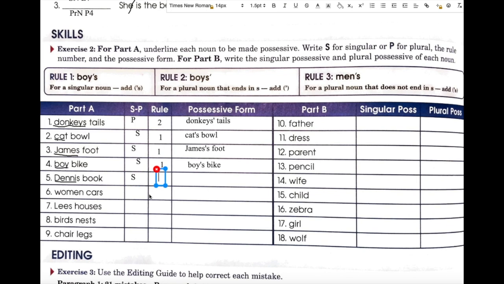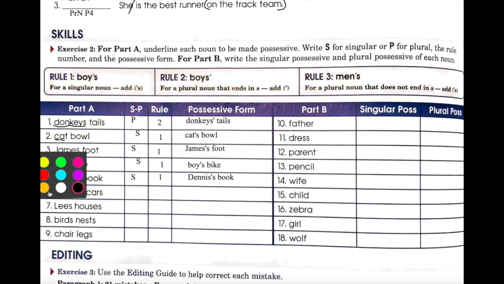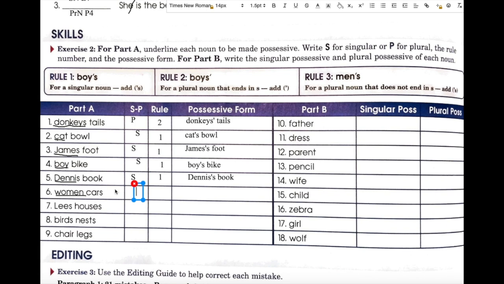There's one Dennis. Follows rule number 1. That means we write Dennis's book like this. Dennis's book. Women, cars. Underline the noun. Singular or plural? Plural. Follows rule number 3. For rule number 3, we write women's cars.